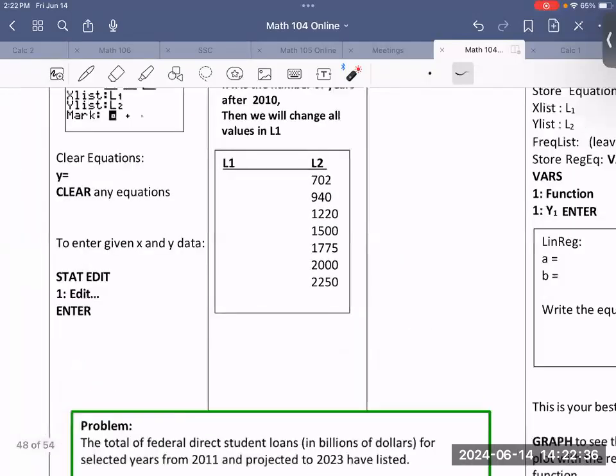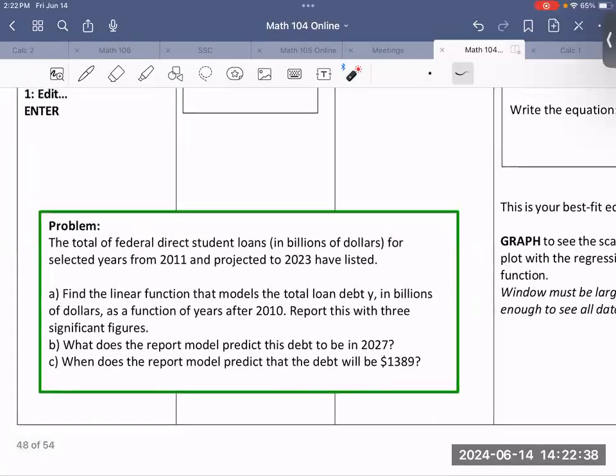We're going to find the linear function that models the total loan debt y in billions of dollars as a function of years after 2010. Report this with 3 significant figures.